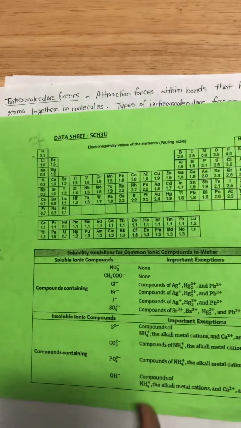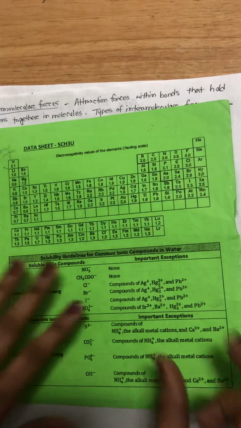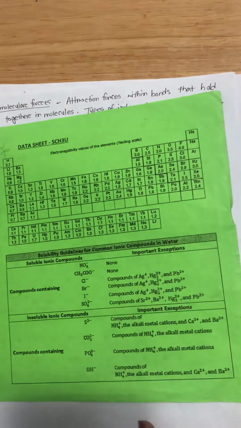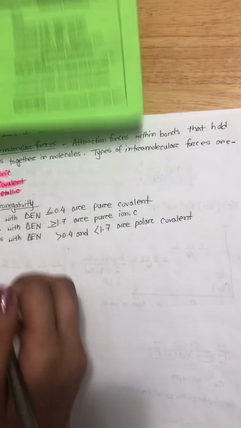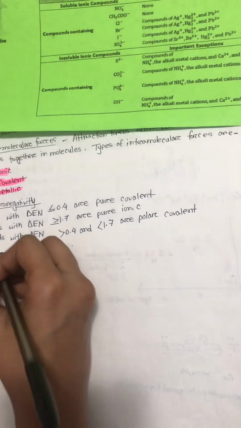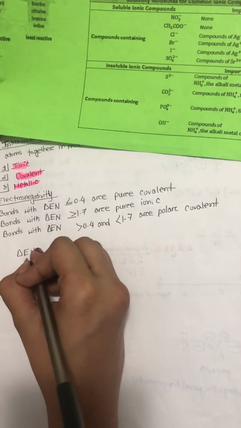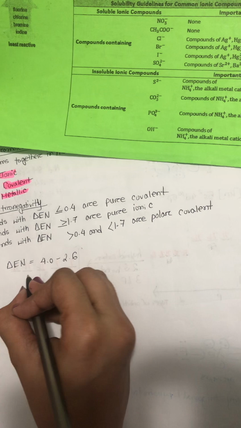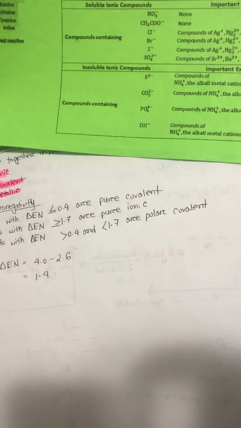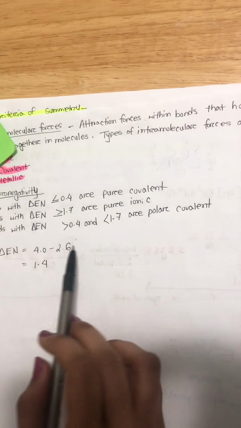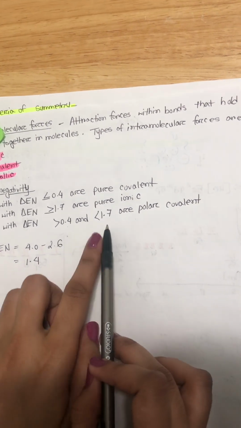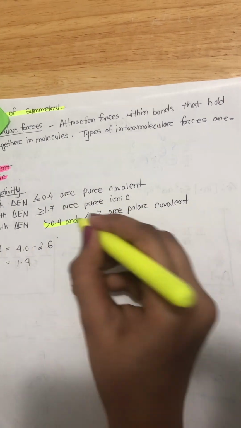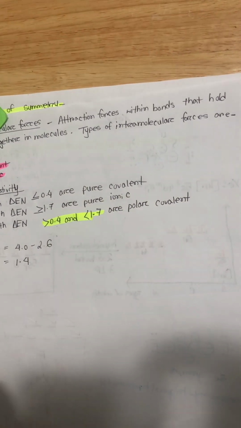I got this periodic table from grade 11. Here we can see xenon has electronegativity 2.6 and fluorine has 4.0. So we'll find the electronegativity difference. Bonds with electronegativity differences between 0.4 and 1.7 are polar covalent.